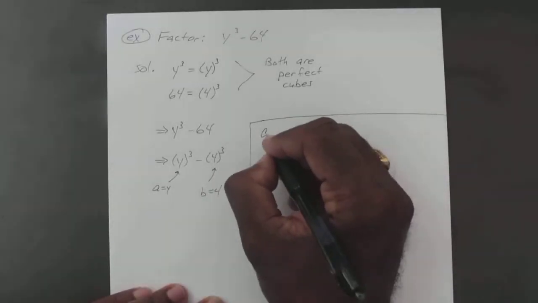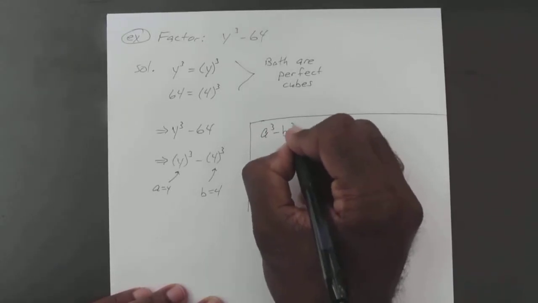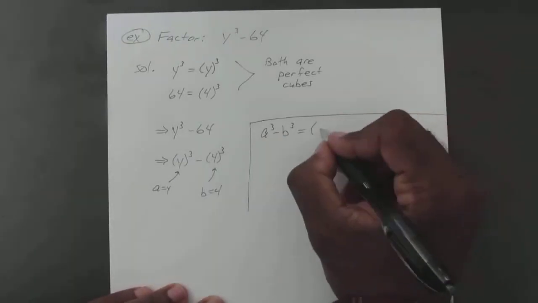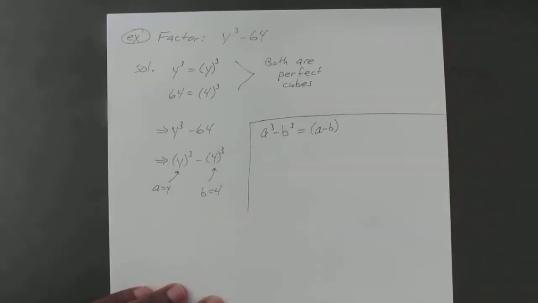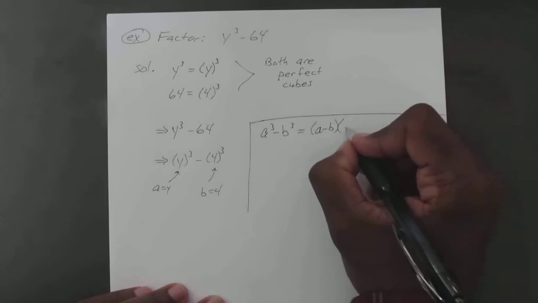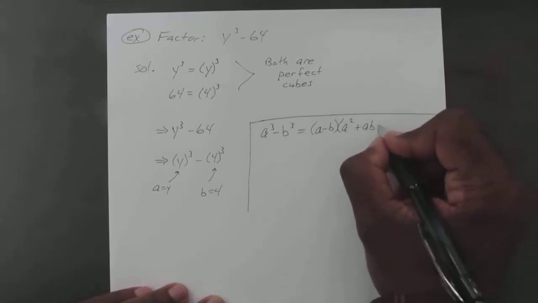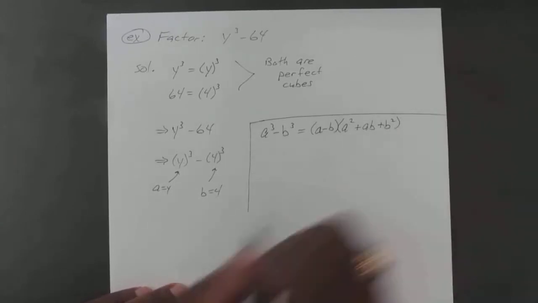So if we use the formula, a to the third minus b to the third equals, remember, if it's a minus here, it's going to be a minus b there, a squared plus ab plus b squared.